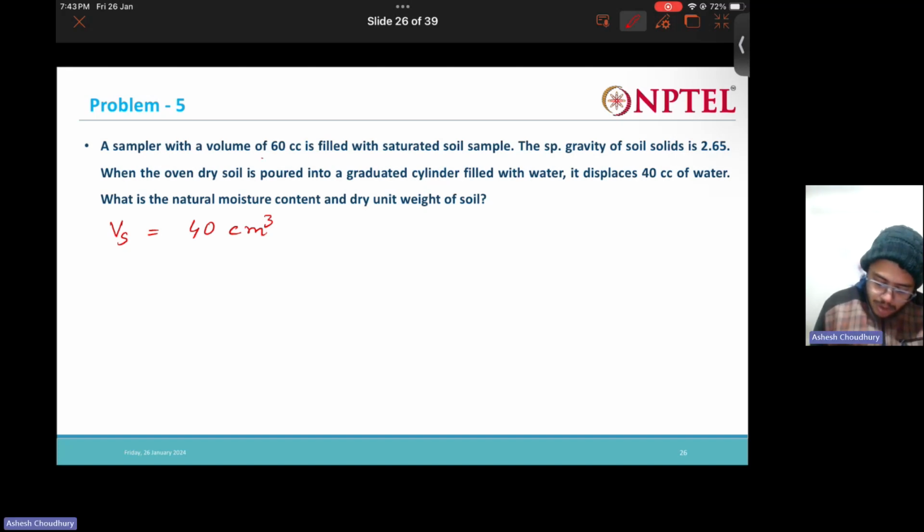Now, what is the total volume? Sampler volume is 60 cm cube. Now, in 60 cm cube, 40 cm cube is obviously occupied by the soil solids only. So, what is the volume of voids?